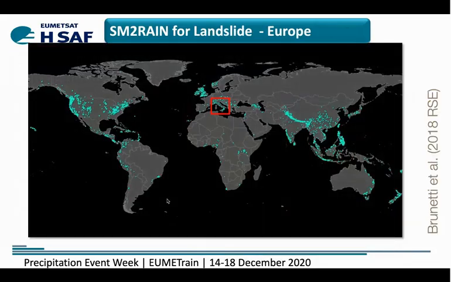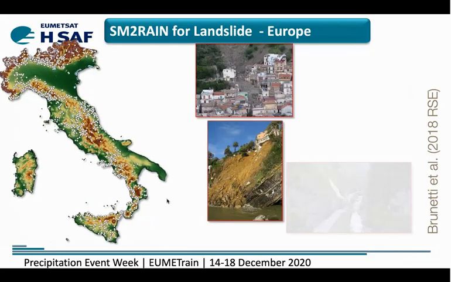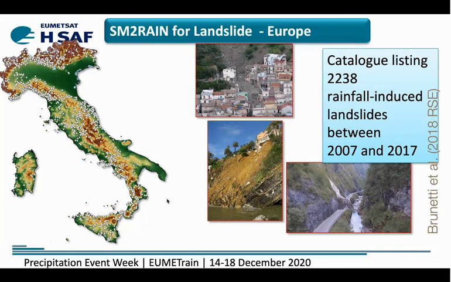There has also been a preliminary exercise on landslides. We did this work over Italy, because unfortunately Italy has a lot of landslides and is affected by this kind of natural disaster.